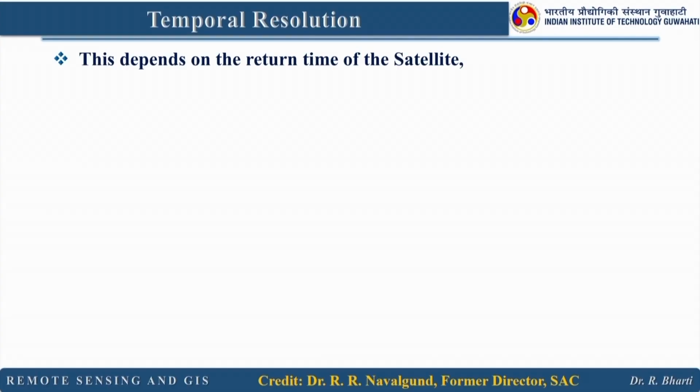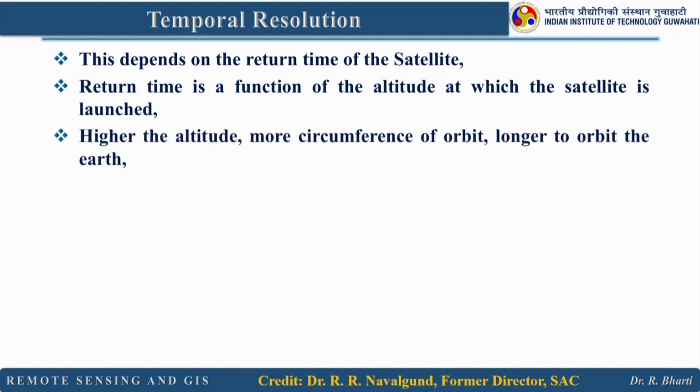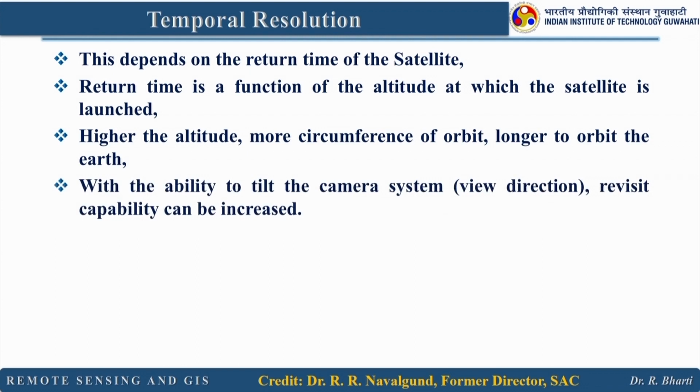Temporal resolution depends on the return time of the satellite, and return time is a function of the altitude at which the satellite is launched. Higher the altitude, more circumference of orbit, longer to orbit the Earth. With the ability to tilt the camera view, revisit capability can be increased. This I will explain again.